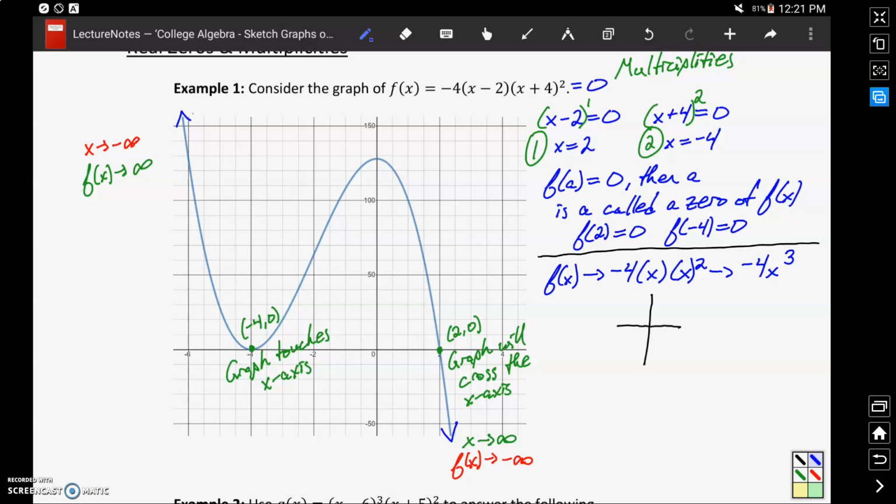And since we have a negative coefficient in front, we know that that's a reflection, which means our function for very large values of x is going to be mimicking this behavior, which is what we see in our graph to the left. Obviously, we have some slightly different behavior in the middle, but as far as the extremes go, we get that behavior of approaching positive infinity for very large negative values and approaching negative infinity for very large positive values.